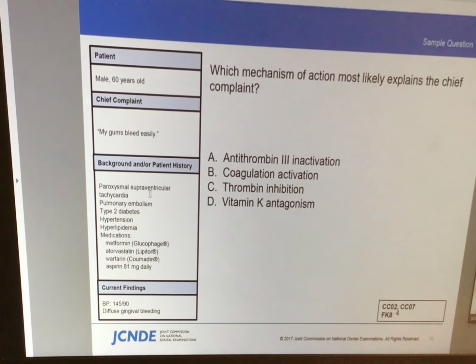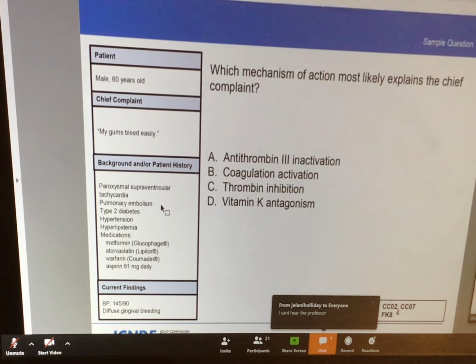So basically, in the clinic you're going to encounter patients with lots of medical history, very long. So you have to make sure that you try to group them, and then you have an idea of how you're going to approach that case. For example, this patient has supraventricular tachycardia, the patient has hypertension. That means the patient has a cardiac issue.